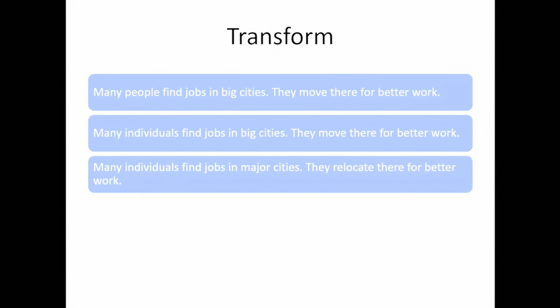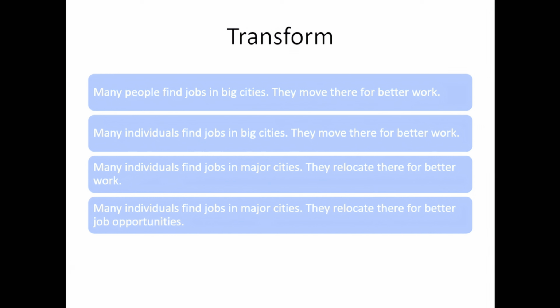They relocate there for better work. So instead of saying they move there, another quite basic word, not very formal sounding, they relocate there. They change their location to be there. Then we'll change it again. Many individuals find jobs in major cities. They relocate there for what? For better job opportunities. Okay.